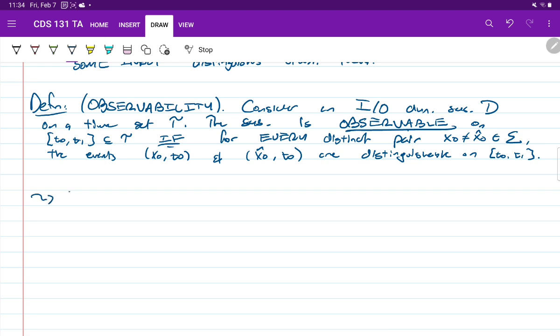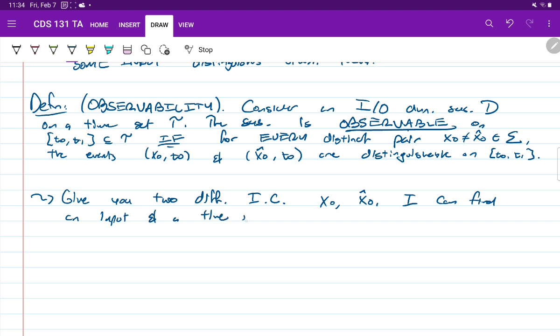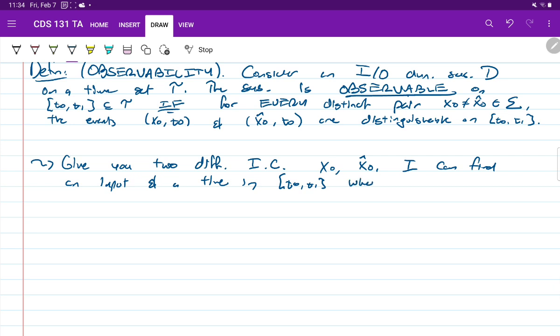in any pair of states, I can always find an input to distinguish between these two states. All right? So if I give you two different initial conditions, x0 and x0 hat, I'm saying that I can find an input and a time in [t0, t1] where the outputs from these states will be different.